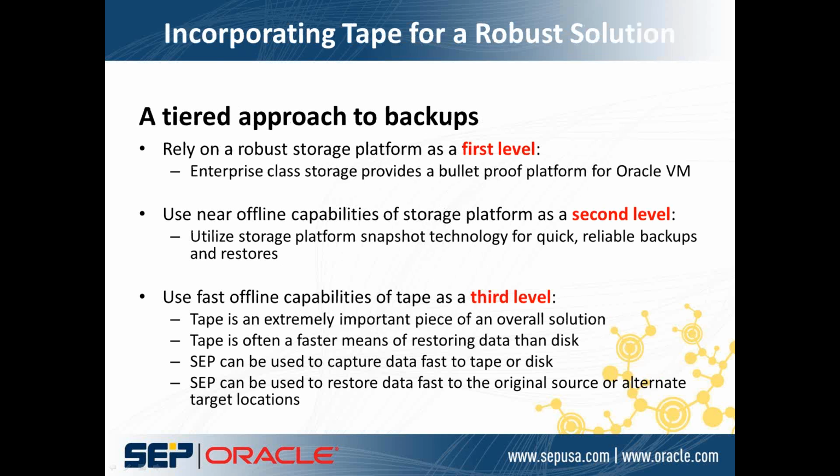I can't emphasize that enough. You need to put it on tape because you can't keep those snapshots around forever. So you use tape to extend that window of recovery. Tape is often faster even than restoring data from disk because you can redirect it, which we'll see in the last two bullet points here.